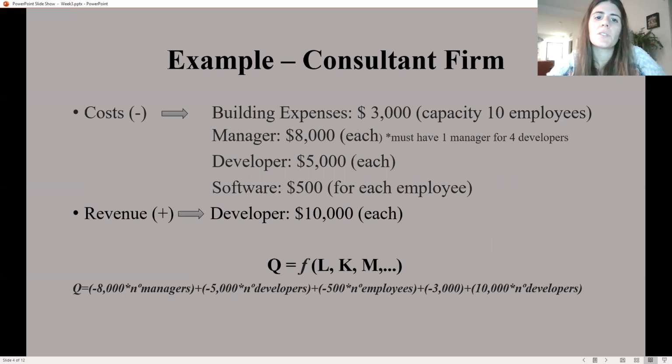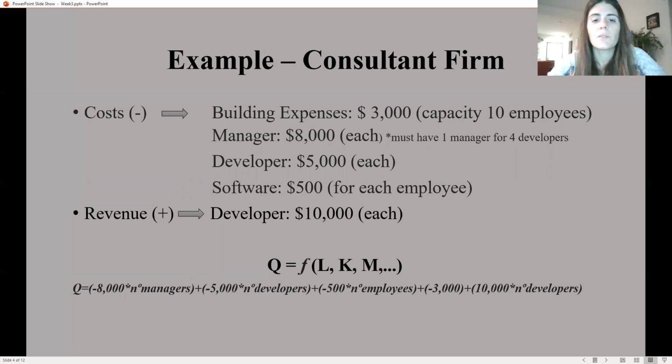And managers, 8,000 each, and it has to have one manager for a group of 4 developers. Each developer costs 5,000 to the firm, but on the other hand, they can bring 10,000 in revenue.